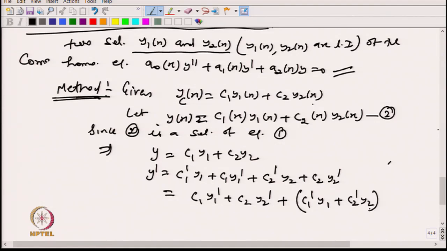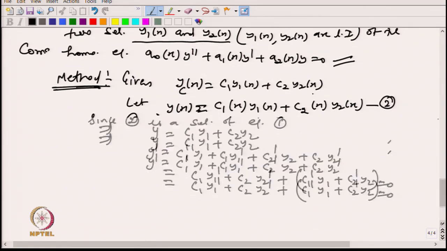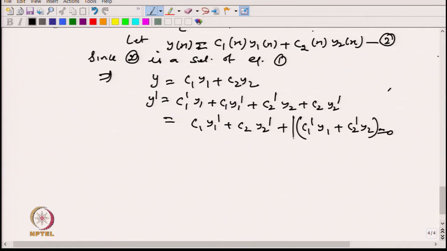I take this factor, c1 dash y1 plus c2 dash y2, and make it equal to 0. I call this equation 3.